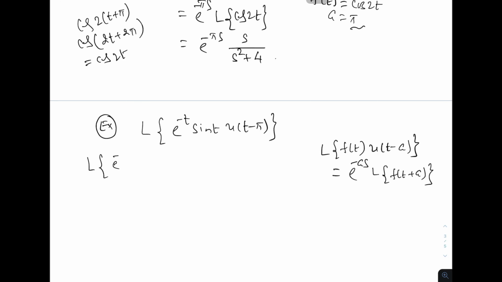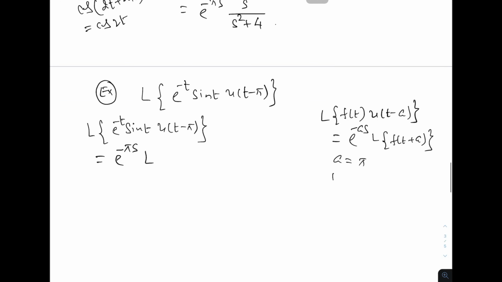Laplace transformation of e power minus t sin t u of t minus pi, that is equal to, now what is a here? A is pi. So this is equal to e power minus pi s, and Laplace transformation of what is f of t? f of t is e power minus t sin t.